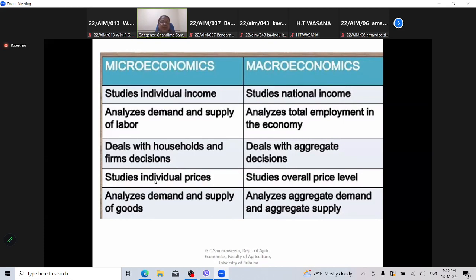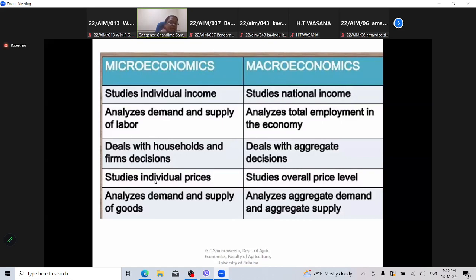Let's say if we take specific goods separately, what are the prices of these goods? But in macroeconomics, we study overall price levels on a macro scale. For example, let's say we consider individual products, what are the prices of these products? But in macro, we consider the overall price level. How about this whole product group's price level? What is the situation? So we consider that in macroeconomics.